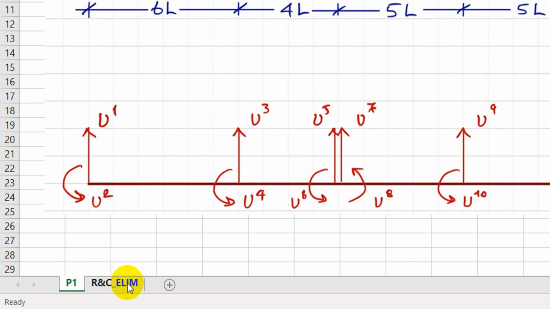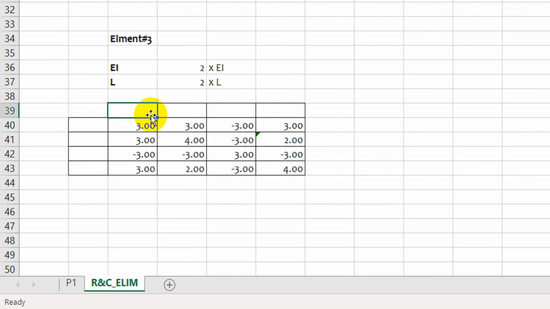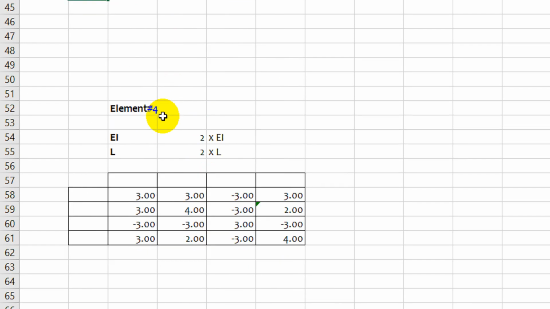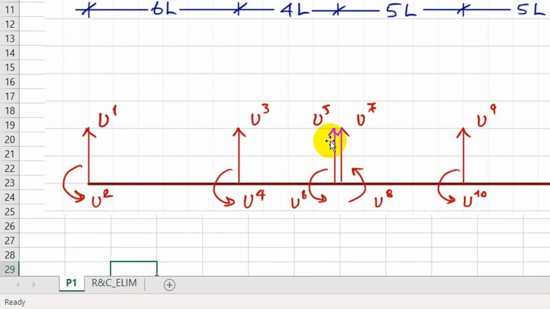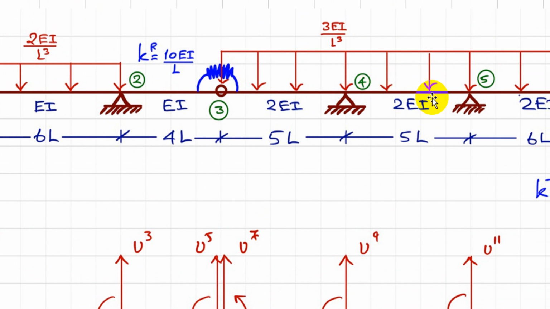So I make it U5, U8, U9, and U10. Again, F5, F8, F9, and F10. Look at the next element, number 4. Number 4 is this one here, between node number 4 and node number 5.